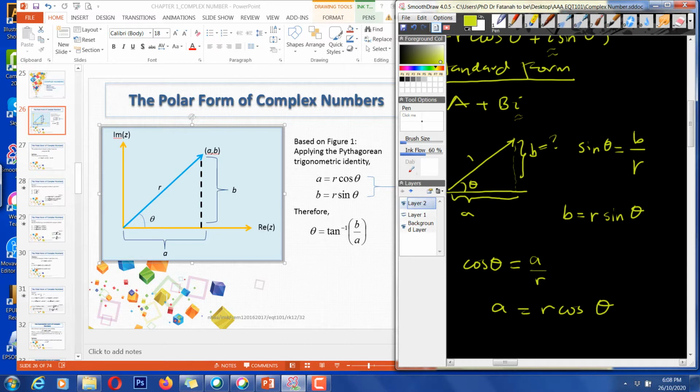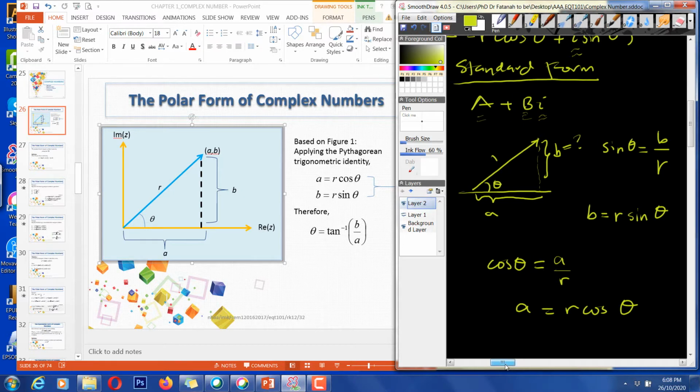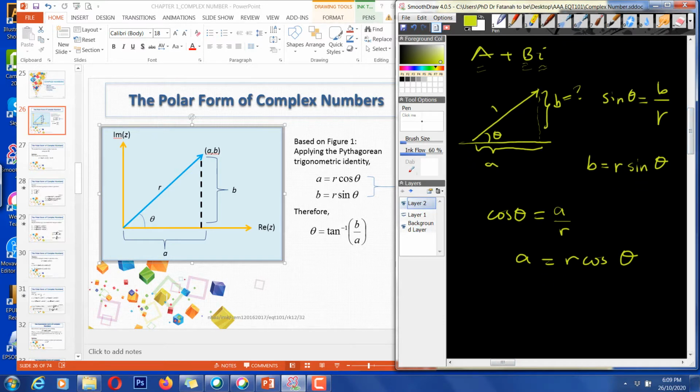We know that B is represented by this value and A by this value, so we just replace the standard form with the trigonometry form. A is R cos theta plus R sin theta, which is B, and then we have I here. We call this form the polar form.